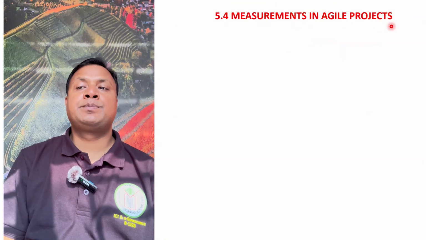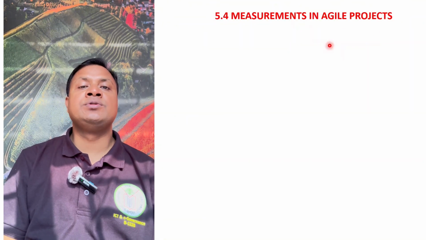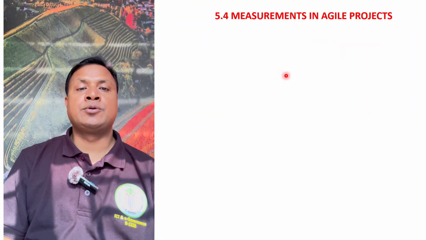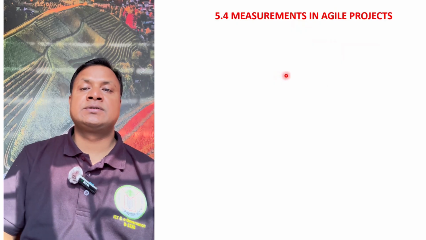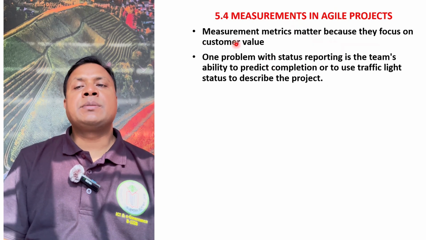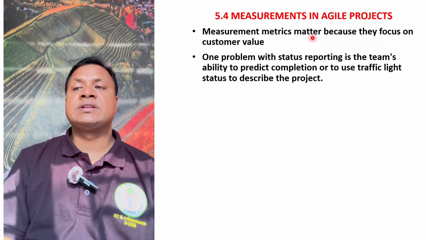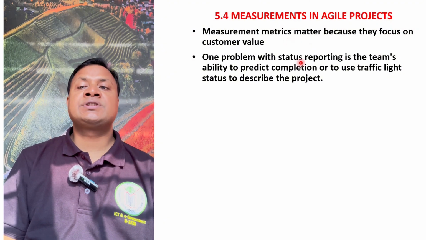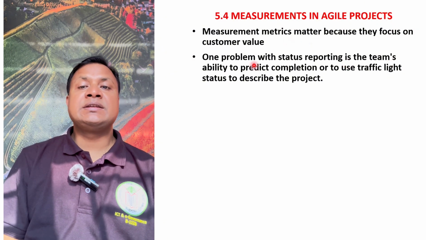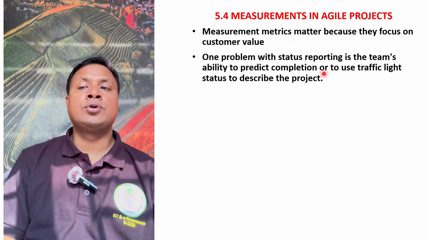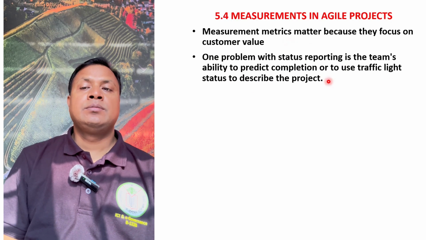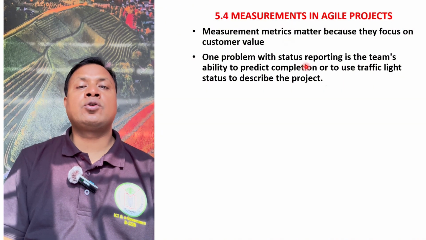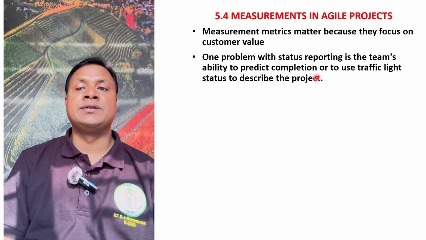Measurements in agile projects. How will you measure your progress in agile projects? Actually, measurement metrics matter because they focus on customer value. One problem with status reporting is the team's ability to predict completion or to use traffic light status to describe the project, because we cannot actually estimate exactly what is in reality.